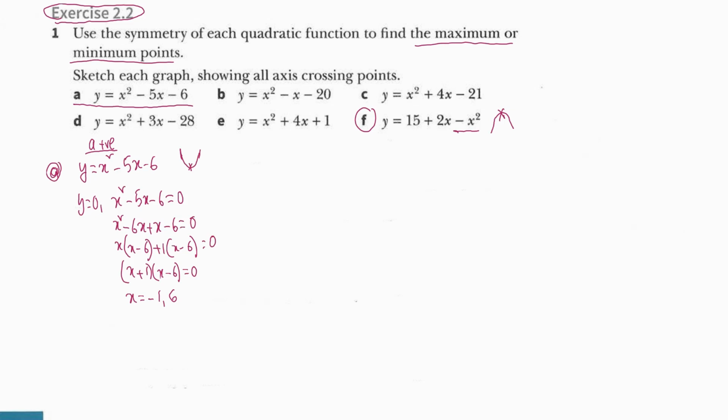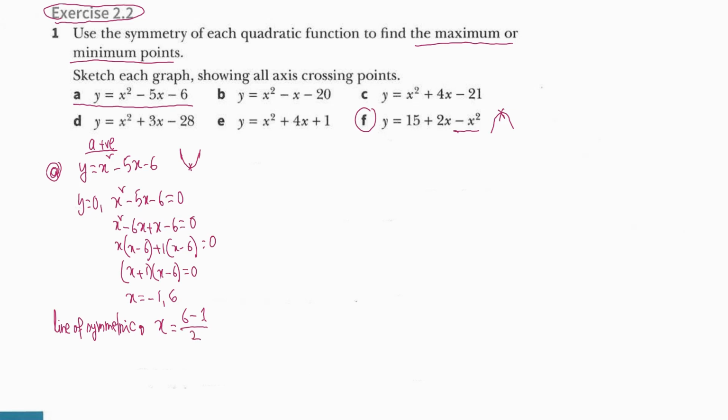Now, it is written here: use the symmetry of the quadratic function to find the maximum and minimum. So the line of symmetry of this quadratic equation is parallel to the y-axis and passes through the midpoint of the intercepts with the x-axis.